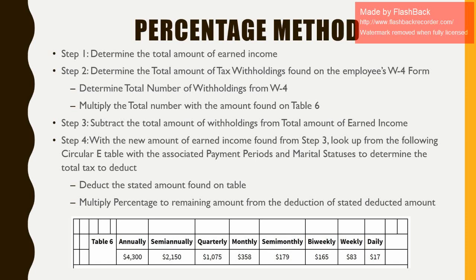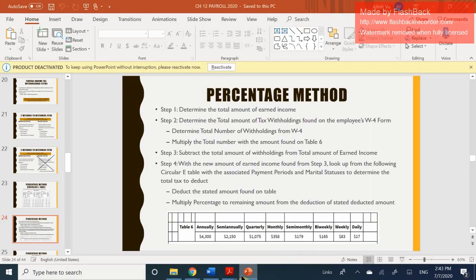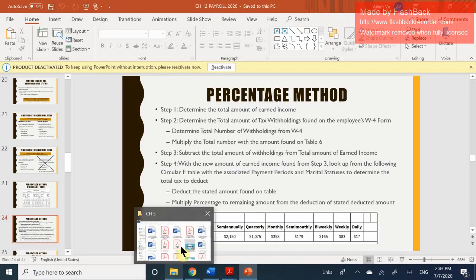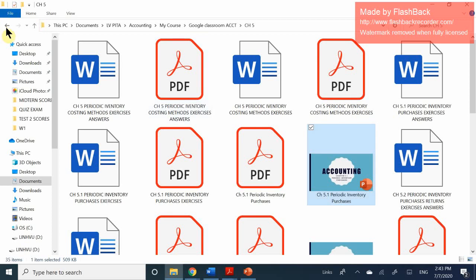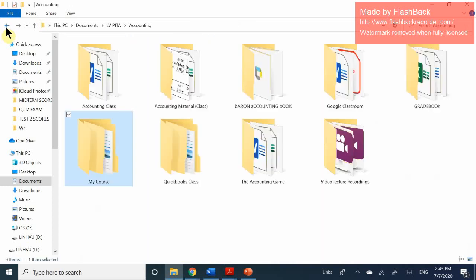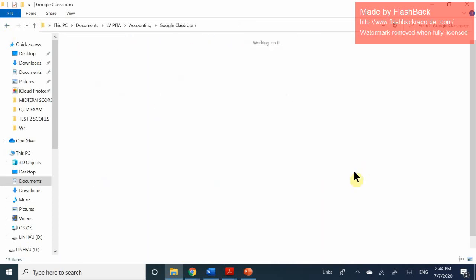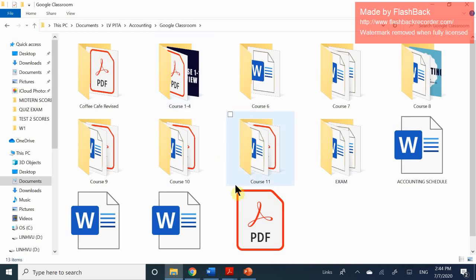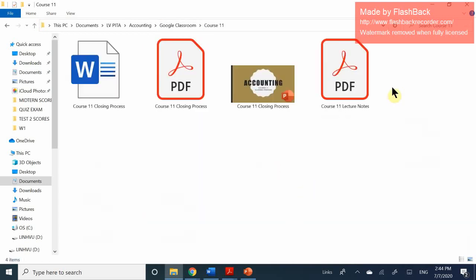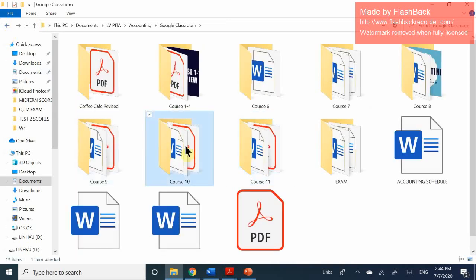I have an example of it. Actually, let me go ahead and show you the example so you know what I'm talking about. Okay, so it's going to be in this one under chapter 11. Let's see. No, not chapter 11. My bad, chapter 10.